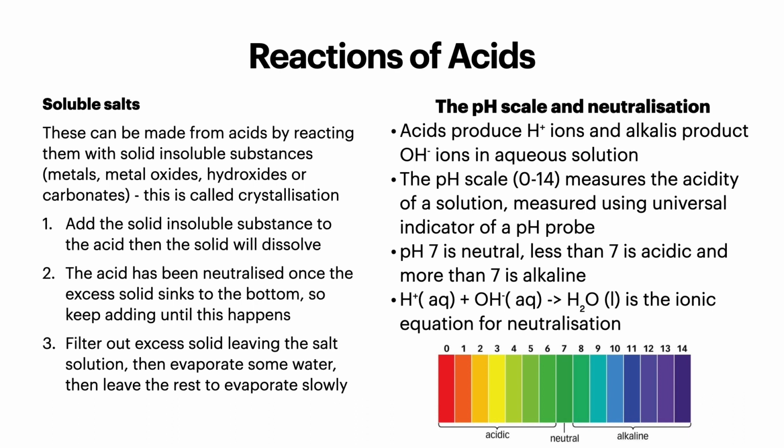A pH of 7 shows that the solution is neutral, less than 7 is acidic, and more than 7 is alkaline. And you can see the ionic equation for neutralization there, with H+ plus OH- gives you water. And there's just a nice little colourful scale. This is how the colours will represent with the indicator. So the most acidic is red, and then the most alkaline is very dark, like purpley blue.